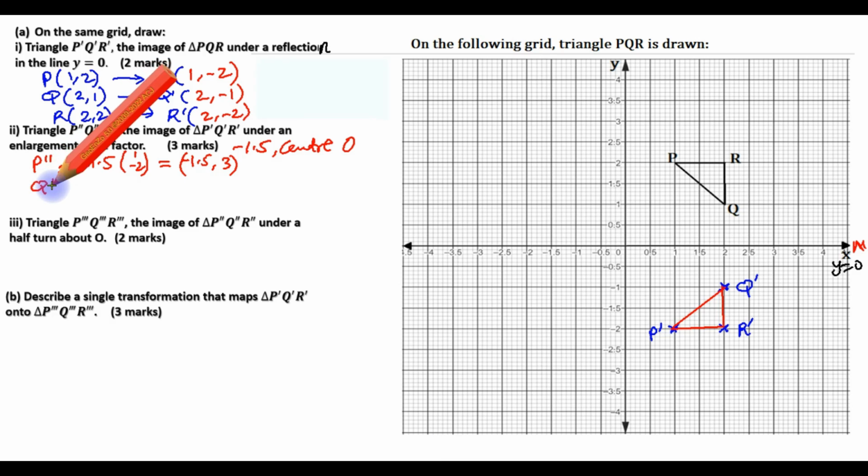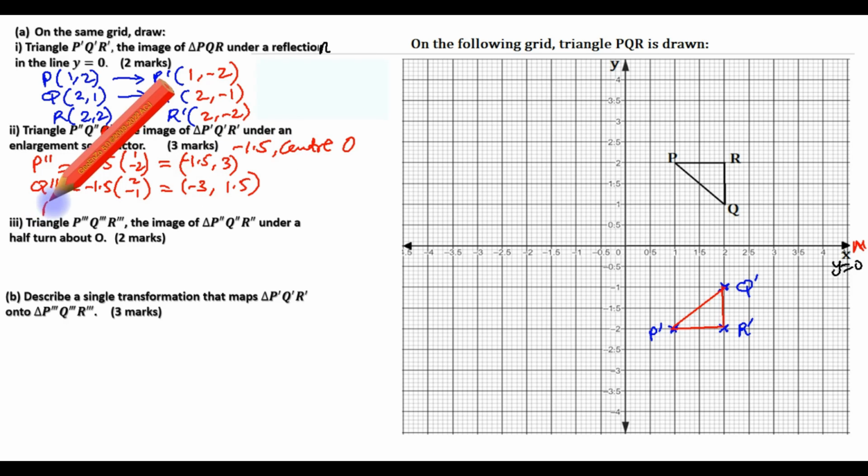For Q double prime, it will be minus 1.5 times the coordinates of Q prime, (2, -1). So we end up getting the coordinates (-3, 1.5).